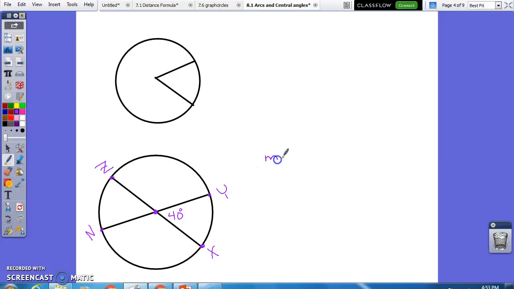So the measure of arc XY would be 40 degrees. Now see if you can figure out the measures of some of those other arcs. So if you wanted to, you could pause it and figure those out.